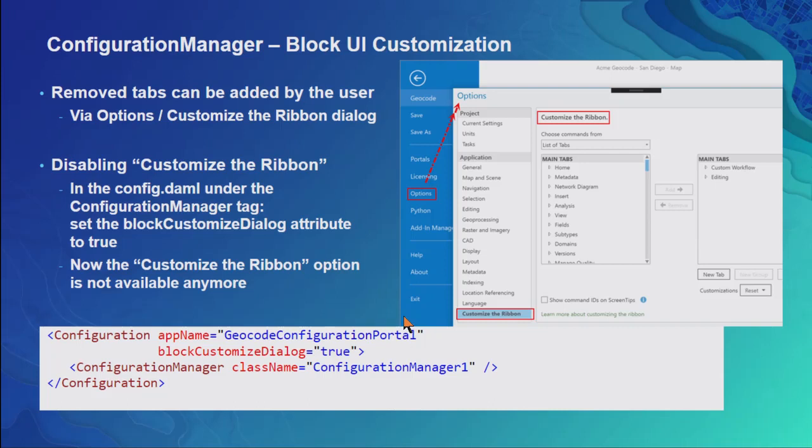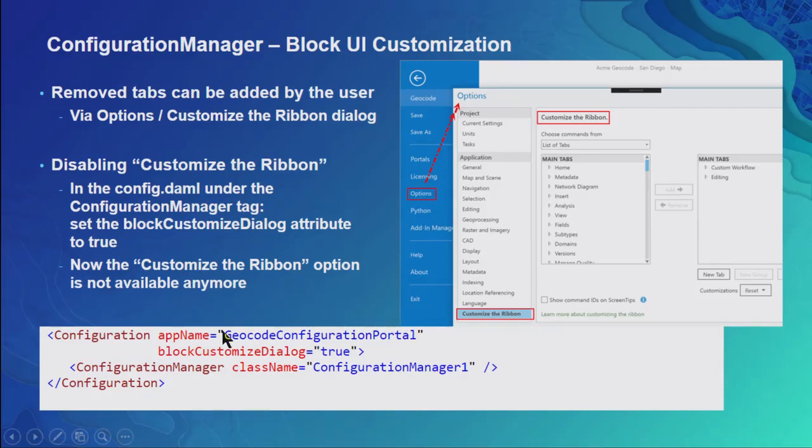So we want to disable this function, and to disable the customize the ribbon option, we have a tag under the configuration manager tag. It's called block customize dialog. And if we set this attribute to true, that will disable that option. Now the customize the ribbon option is not available anymore.